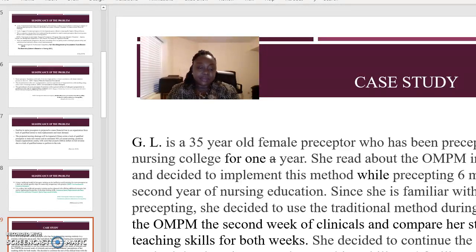She decided to use a traditional method during the first week of clinicals and the 1-minute presenter method the second week of clinicals, and compare her students' perceptions of her teaching skills for both weeks. She decided to continue the rest of the clinical time with the method that best improves her teaching skills and facilitates learning and communication with the preceptees.